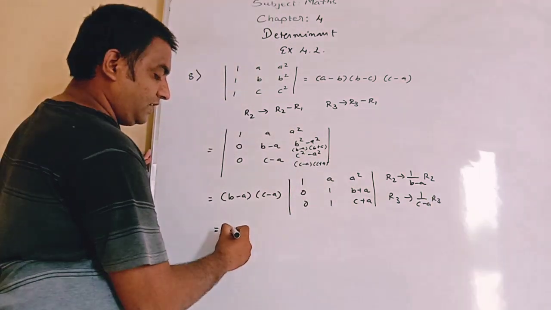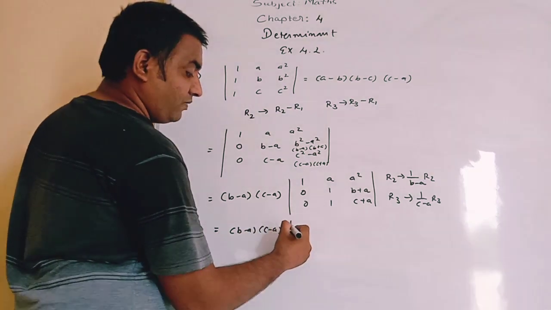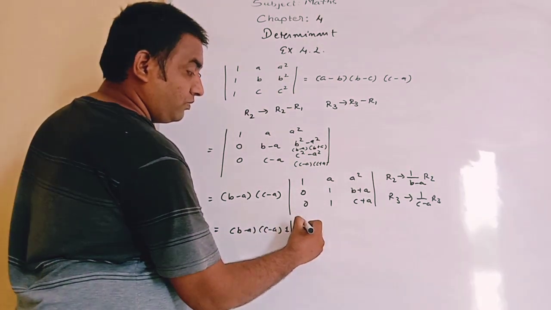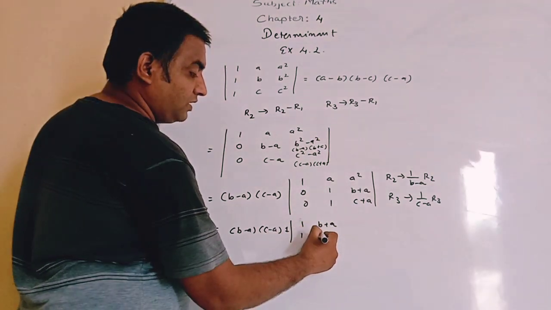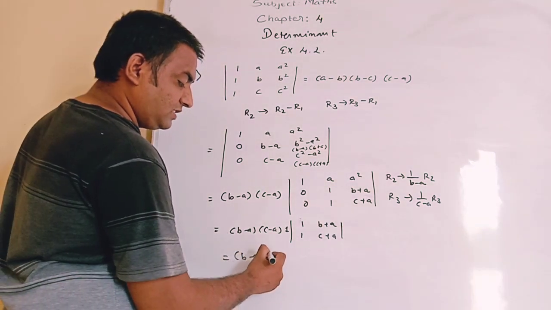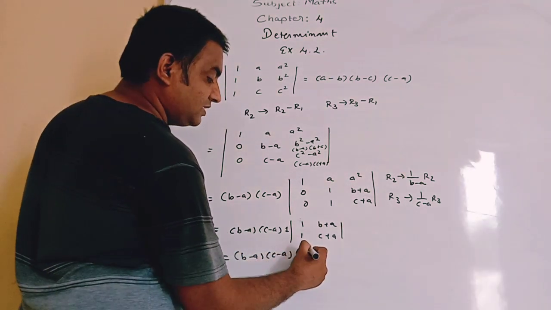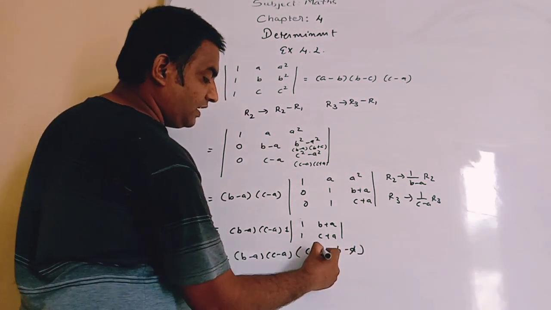Now we expand it, then b minus a, c minus a, 1 into (1 times c plus a minus 1 times b plus a). So it is b minus a, c minus a, and c plus a minus b minus a. So a cancels.